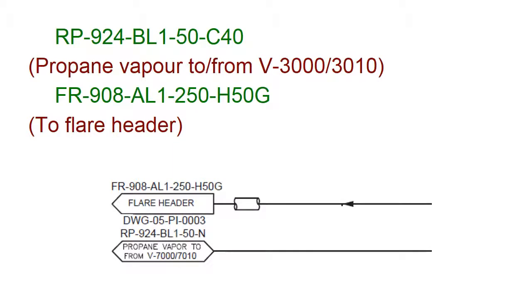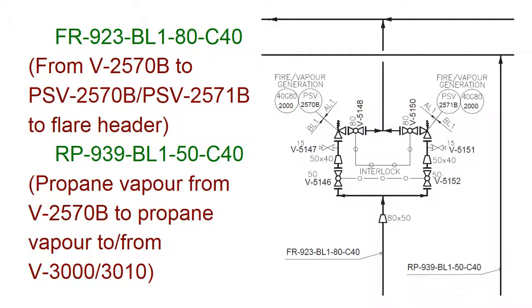RP924-BL1-50-C40, propane vapor to or from V3000-3010. FR908-L1-250-H50G, to flare heading. FR923-BL1-80-C40, from V25-7BP to PS V25-7BP, PS V25-71B to flare heading.